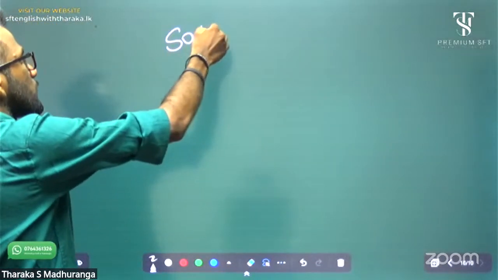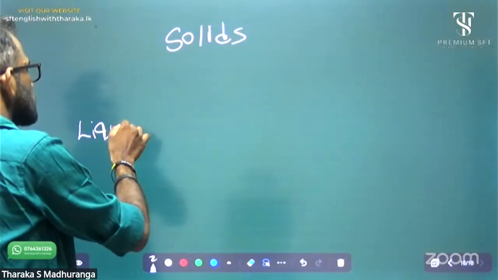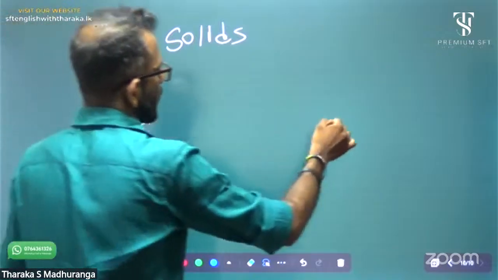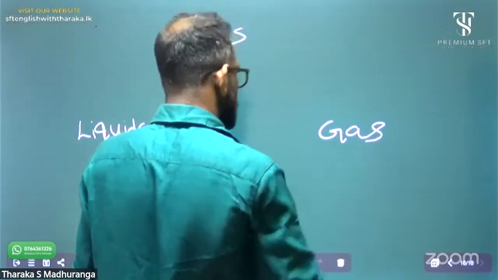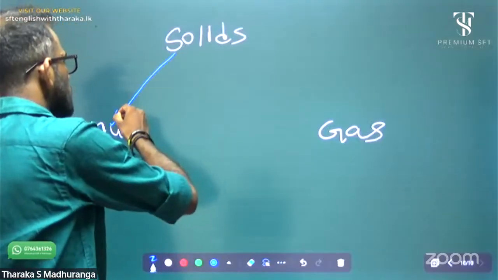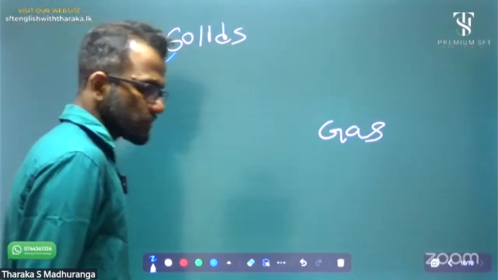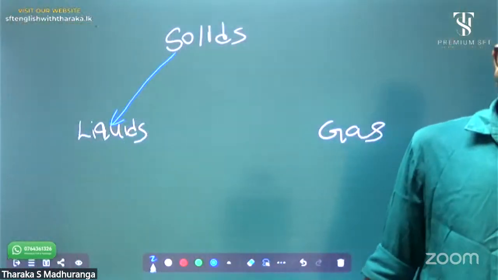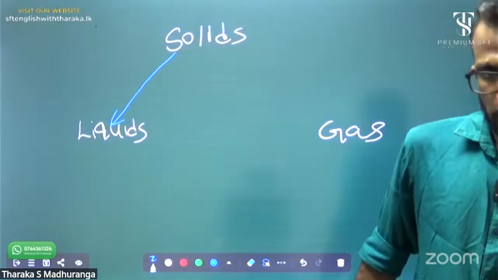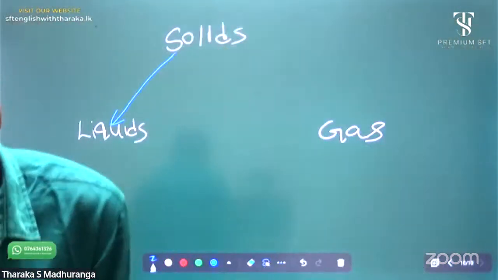Solid, liquid and gas. Using this triangle, you can remember everything. Solid converts into liquid, what's the name? Without any temperature change, solid converts into liquid.